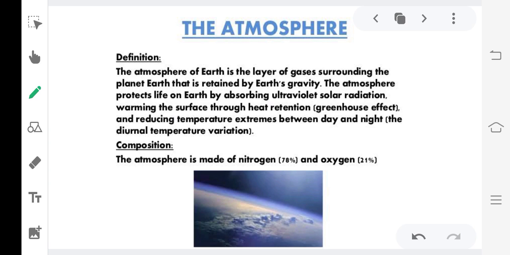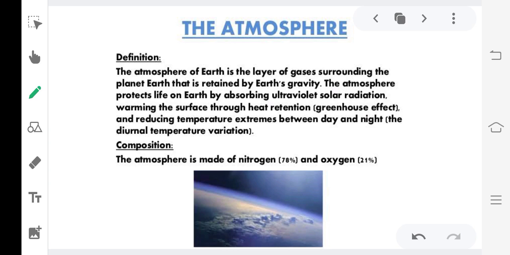The atmosphere protects life on earth by absorbing ultraviolet solar radiation, warming the surface through heat retention, the greenhouse effect, and reducing temperature extremes between day and night, the diurnal temperature variation.